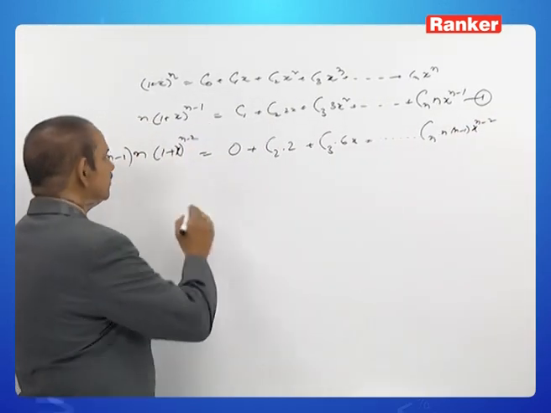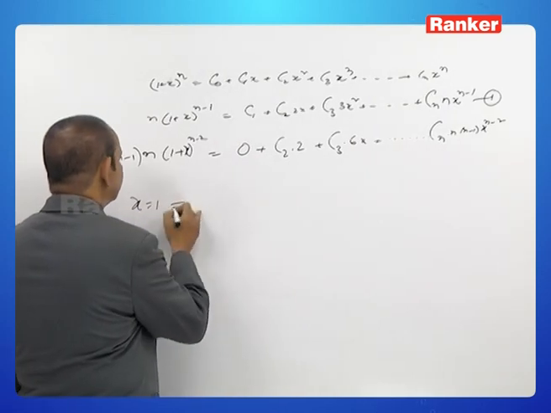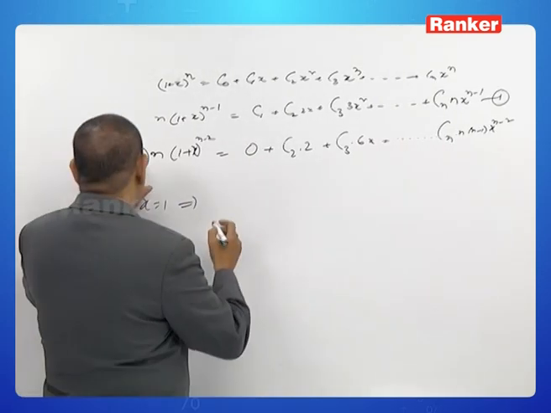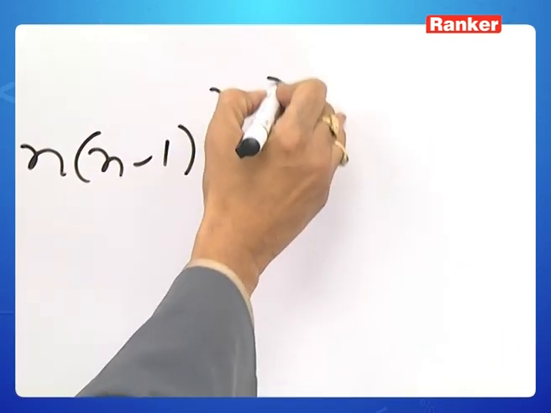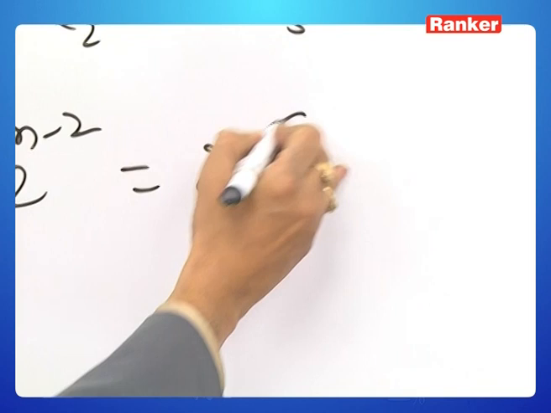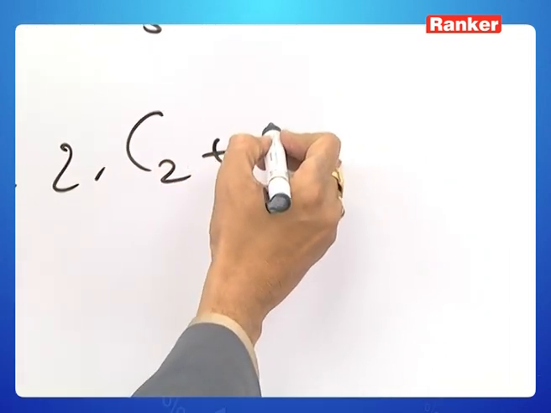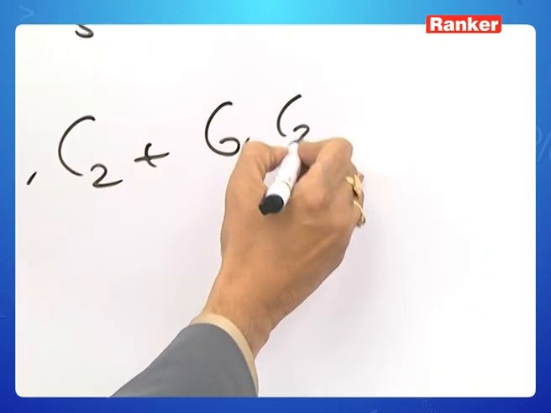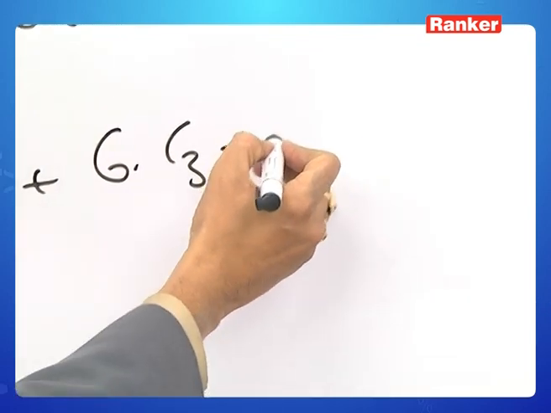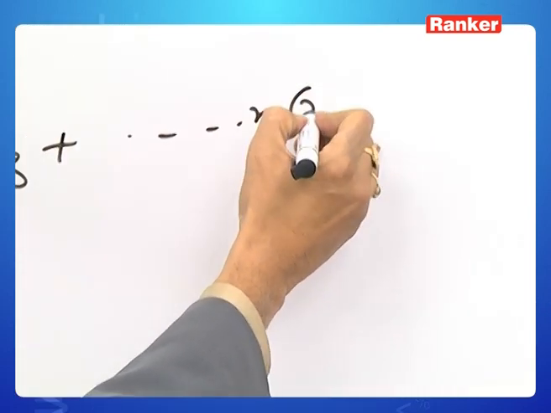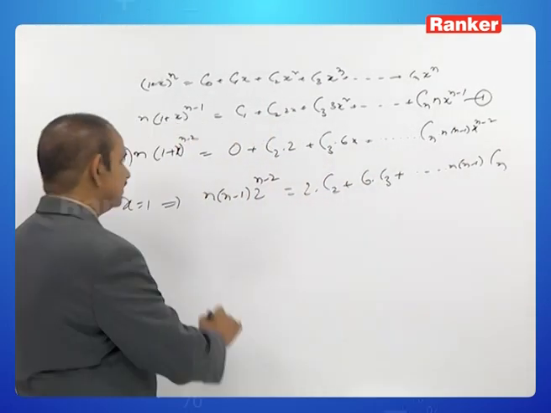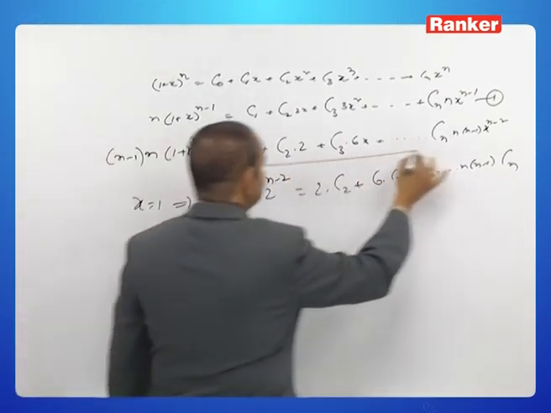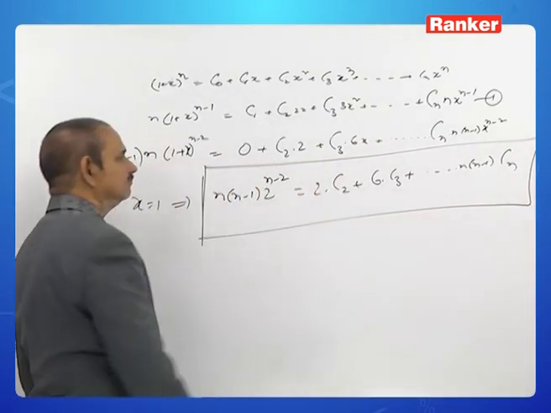Okay, if you take x is equal to 1 here, what is going to happen? n into n minus 1 into 2 power n minus 2 is equal to 2 into C2 plus 6 into C3 plus etc. n into n minus 1 into Cn. Therefore, this is the next result we have.